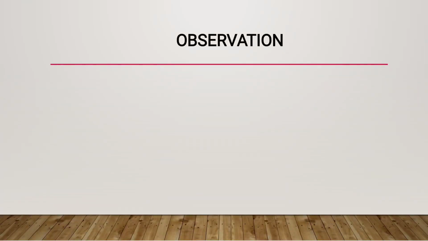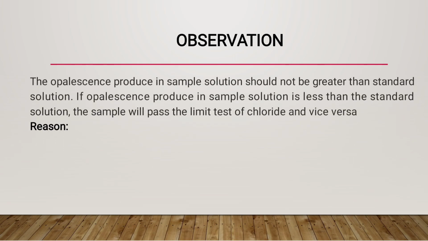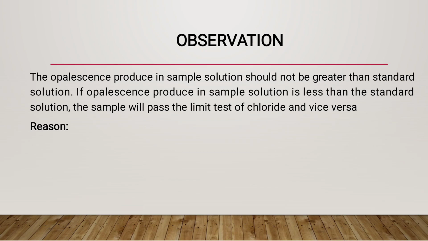What is the observation after that? If you perform that test, the opalescence produced in the sample solution should not be greater than in the standard solution. If the opalescence produced in the sample solution is less than the standard solution, the sample will pass the limit test of chloride, and vice versa.